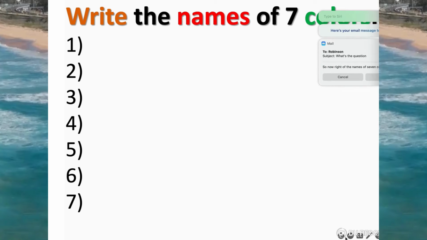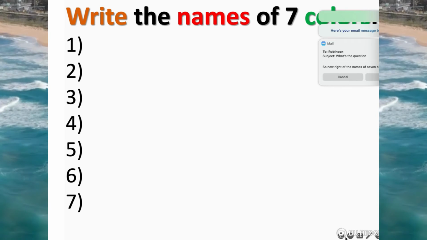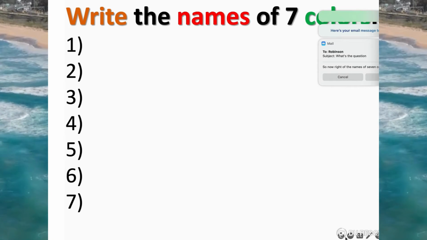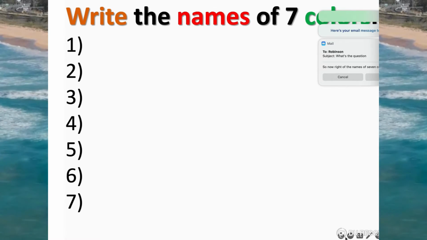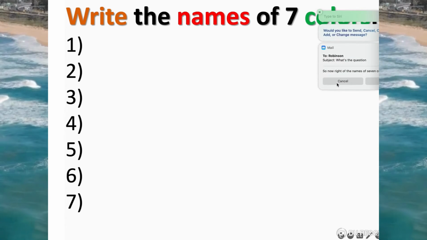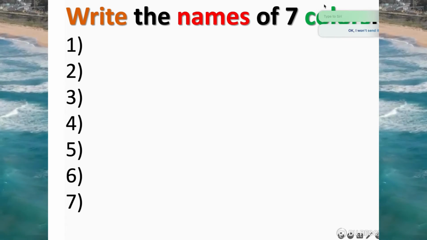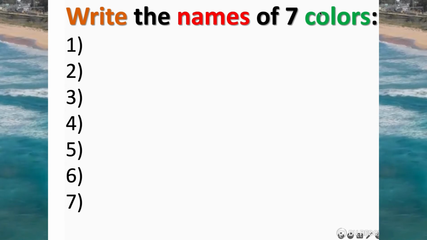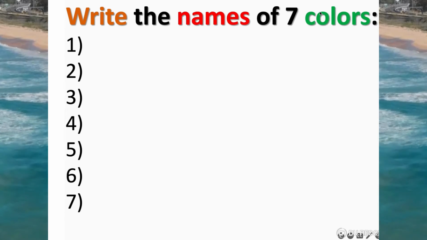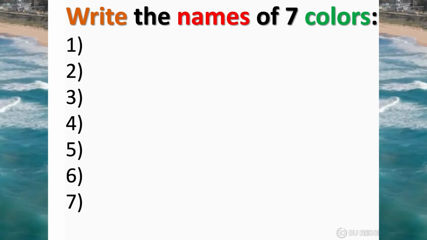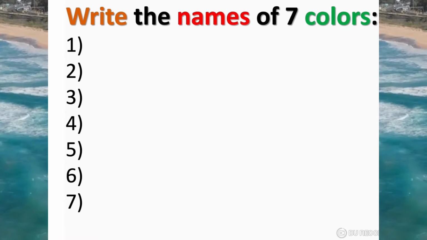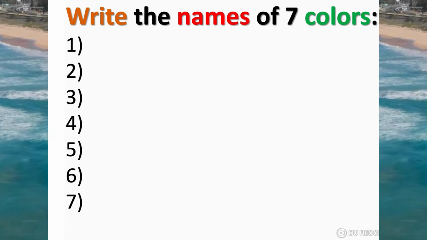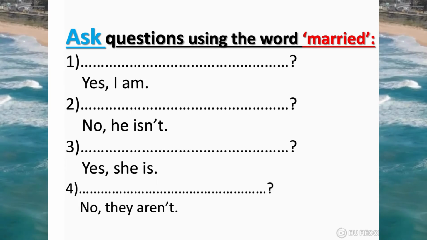Here's your email message to Robinson. It says, so now write the names of 7 colors. Ready to send it? Would you like to send? Okay, I won't send it. Write the names of 7 colors. Let's go to the next slide.